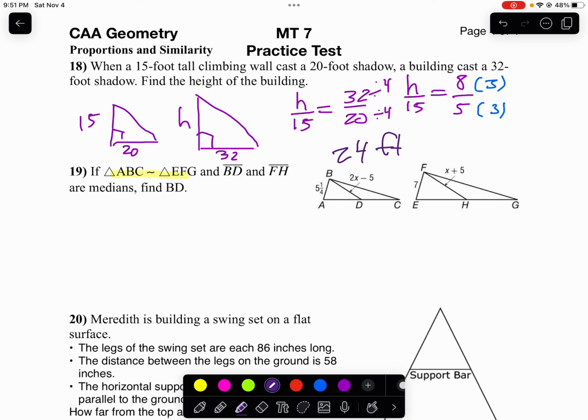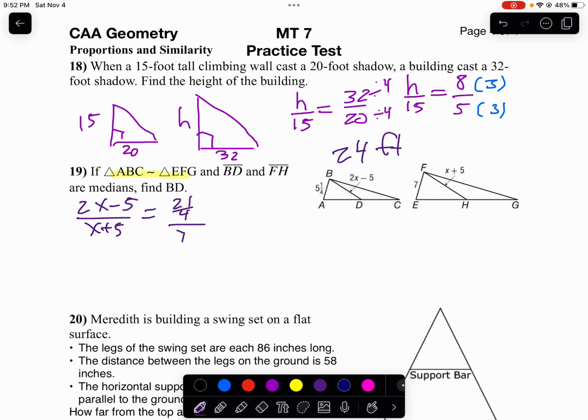So I'll say 2x minus 5 is to x plus 5, in the same way that 5 1/4, which I'll write as 21 over 4, is to 7. Whoops, forgot to change it to pen again.